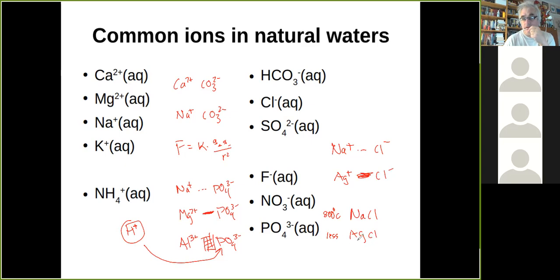It's not very small, but it means that bonds should be slightly weaker in silver chloride than sodium chloride. But on the other hand, this produces very strong bonds that are not possible to replace with bonds to water molecules. But with sodium, it is.